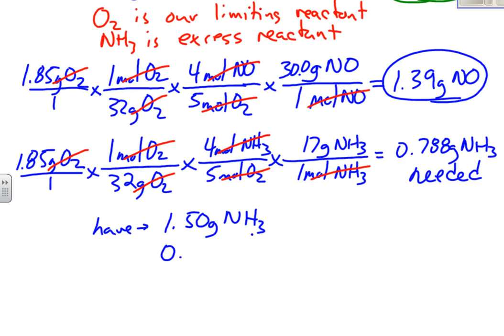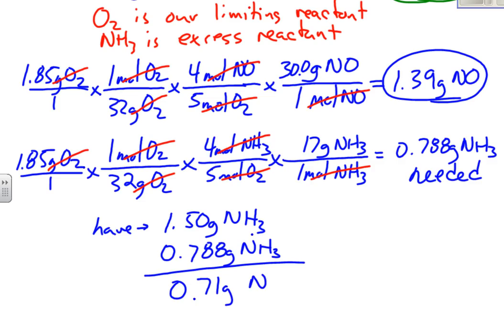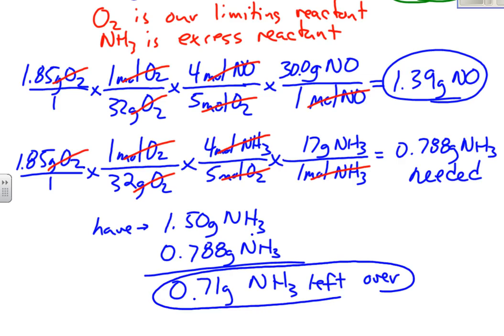We need 0.788 grams of ammonia, which leaves us then with 0.71 grams of NH3 left over. So for this question, that would complete our limiting reactant problem.